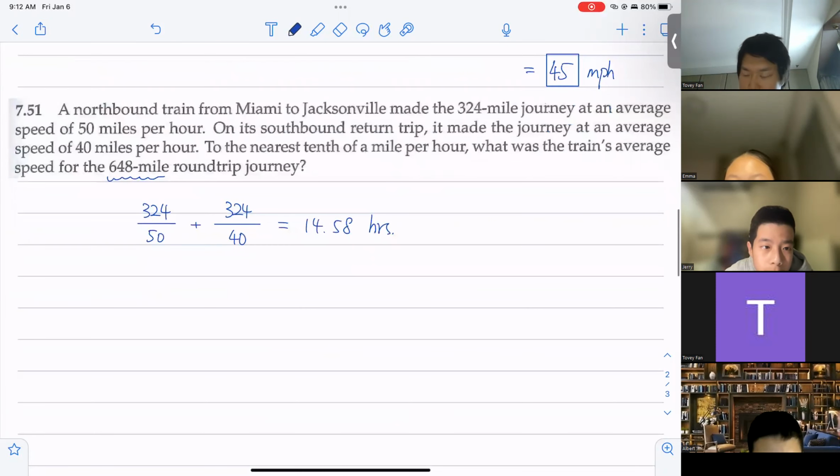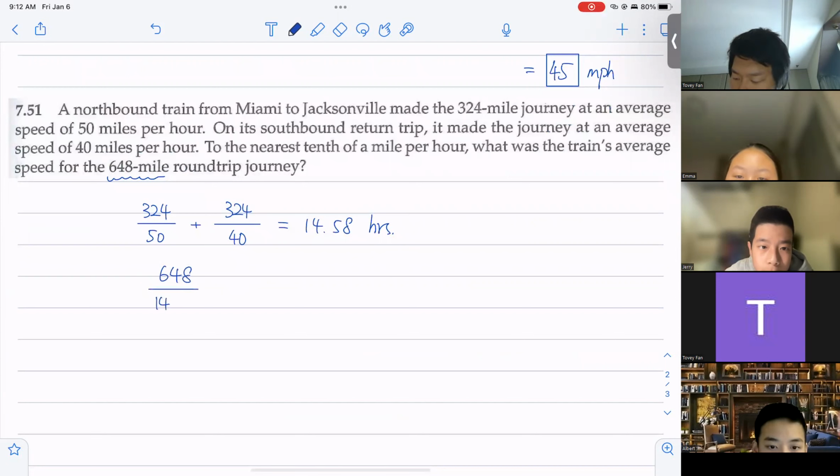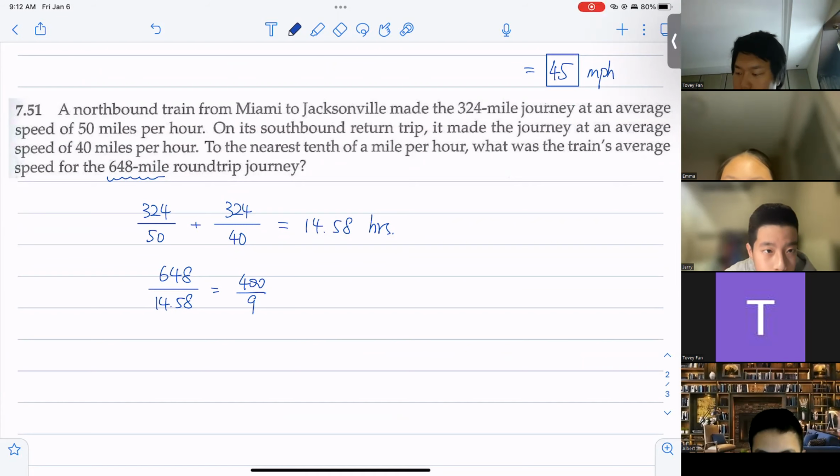Okay, and to find average speed, we just do what? Total distance and total time, right? We just divide them, correct? So 648 divided by 14.58, okay? That will give you 400/9 miles per hour.